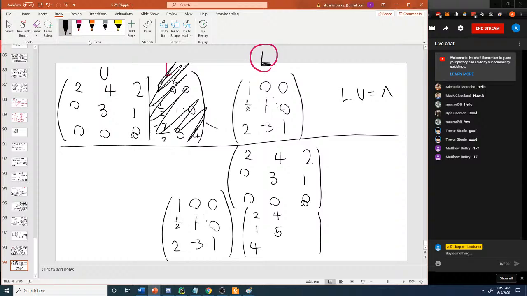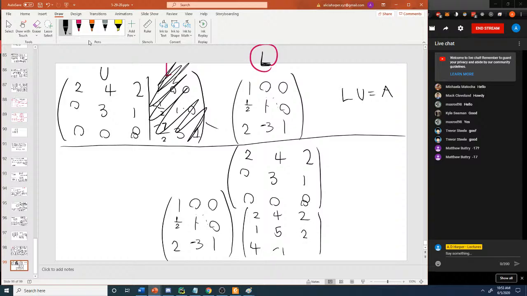And then I multiply this column by this row. 4 times 2 minus 3 times 3 is 8 minus 9, so -1. And then I take this column, multiply it by this row, I get 2. This column, multiply it by this row, I will get 2.